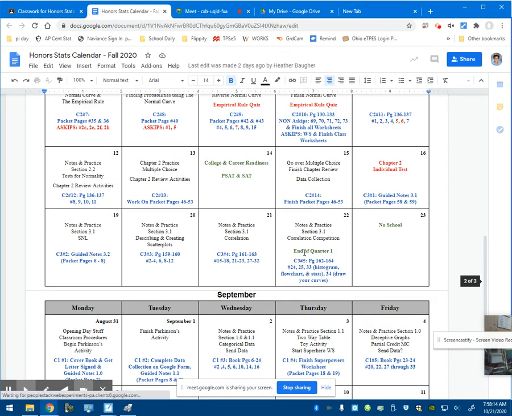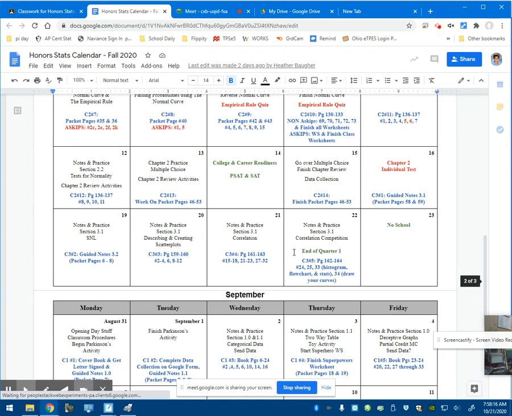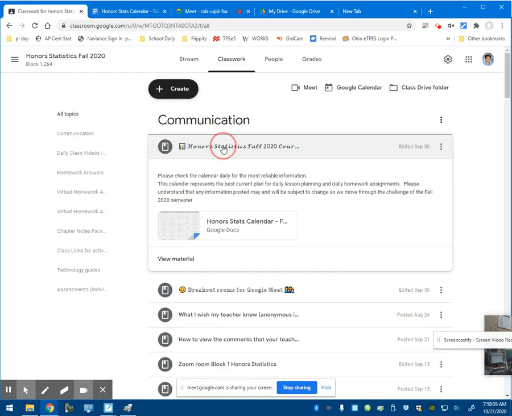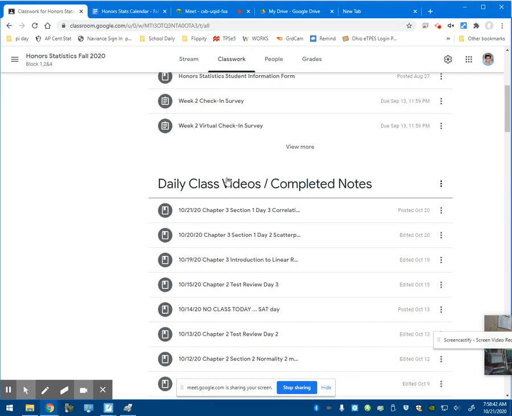It says end of, oh, there's 4 questions for homework, but you don't have the big notes. So as soon as you're done with all of the guided notes for packet pages 6 through 8, I'm only collecting them electronically from everybody.